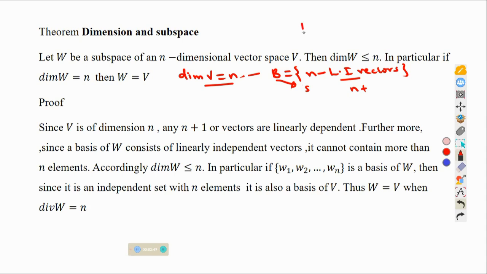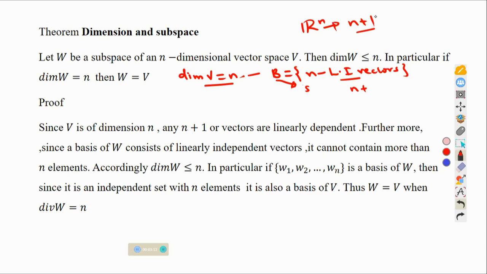We looked at that case in our previous lecture. If you are talking about r to the power n, it means if this is our vector space, it is an n dimensional vector space. Then the moment you exceed n elements, they will no longer be linearly independent.